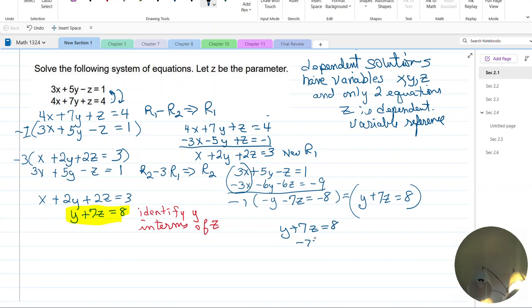I'm going to subtract 7z from both sides, and that gives me y equals 8 minus 7z. Does everybody see that? Because this becomes an identity.